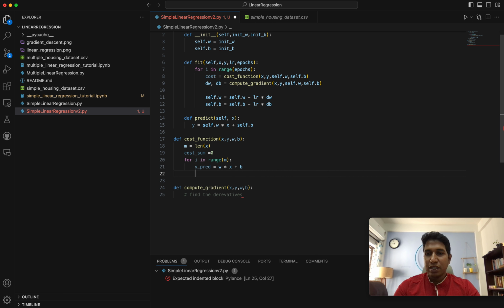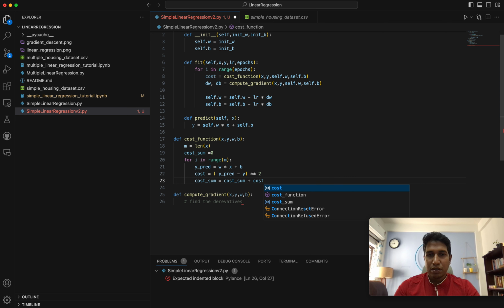Now we have a prediction, and we want to see the error of the prediction. That's where our cost is: y prediction versus the actual value of y. And because it's a mean square error, we take the square. Finally, we add the cost to the main cost sum: cost sum equals cost sum plus cost.